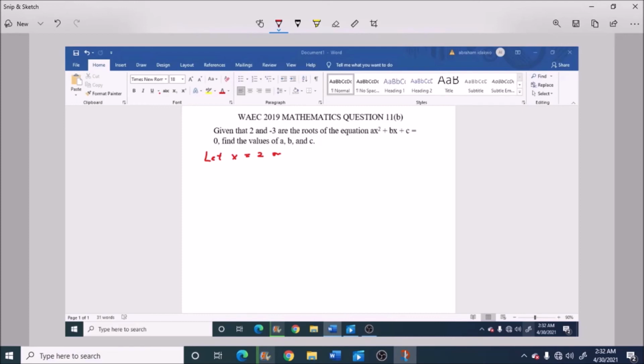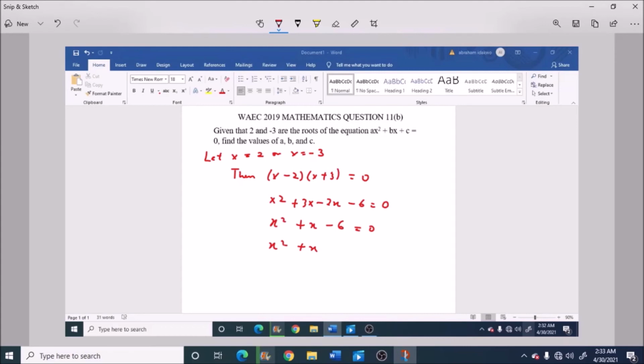So opening the bracket, we have x squared plus 3x minus 2x minus 6 equals 0. So we have x squared plus x minus 6 equals 0.